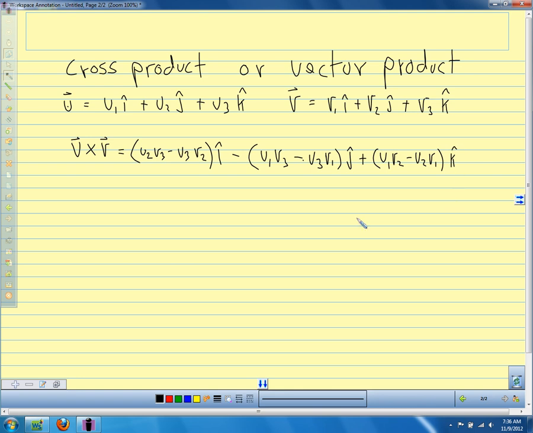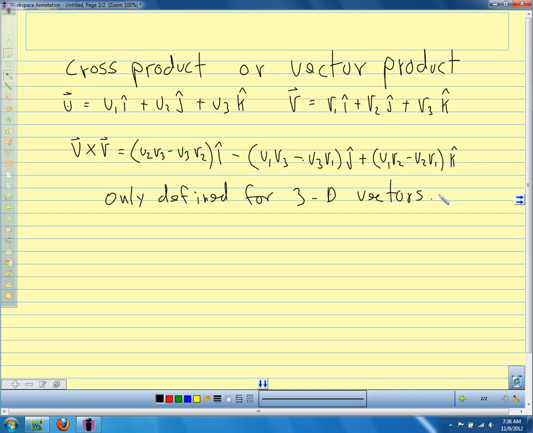And our cross product is only defined for three-dimensional vectors. We don't have a definition of a cross product in 2 dimensions.